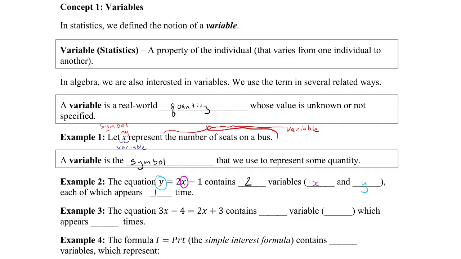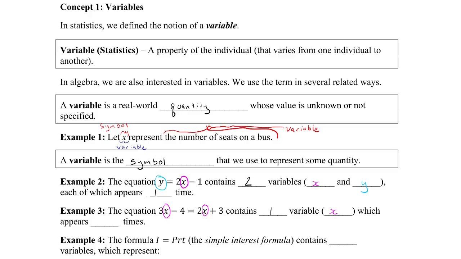On the other hand, if we have the equation 3x minus 4 equals 2x plus 3, that only contains one variable. It only contains an x. We have an x here and another x here.